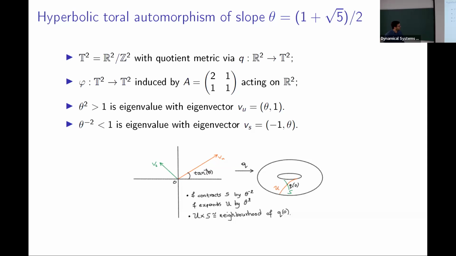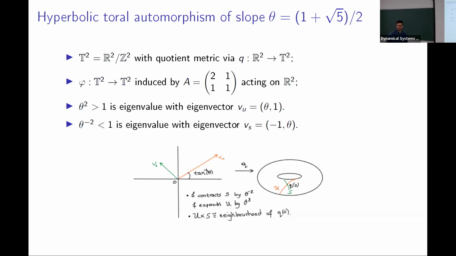If you apply the diffeomorphism, then this point will move somewhere else, probably in the torus, and then you will have the other tangent space. And this vector will be contracted by theta to the minus 2, will be shorter, whereas the Vu, the unstable vector, will get expanded. Okay?